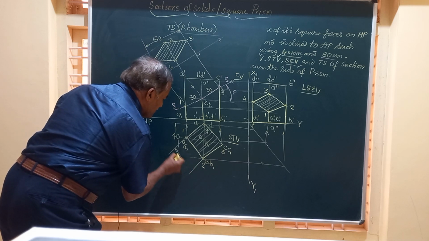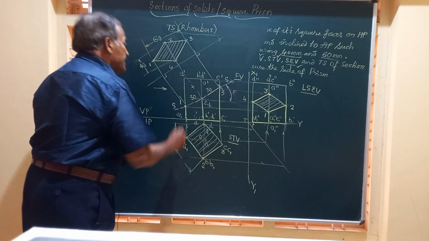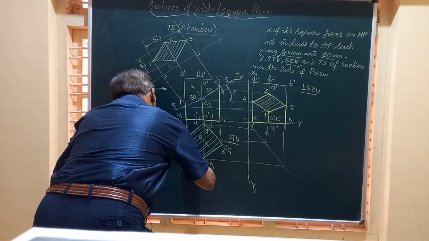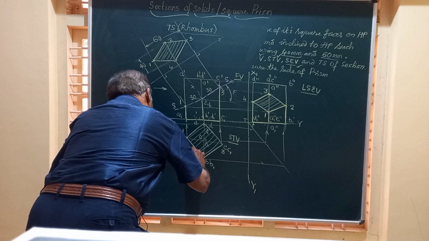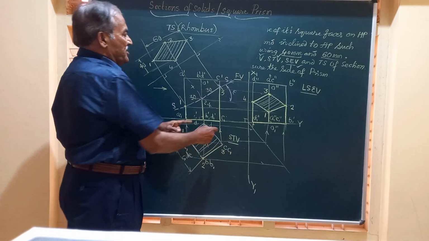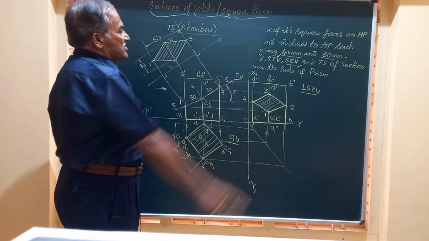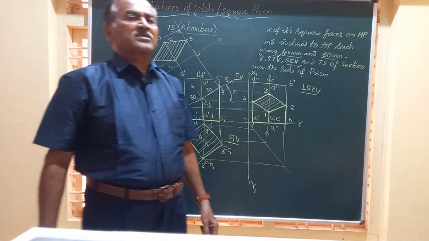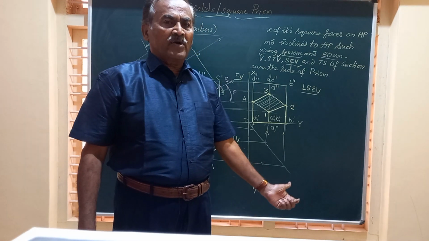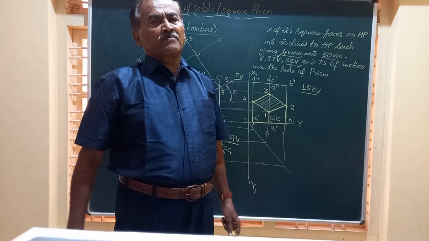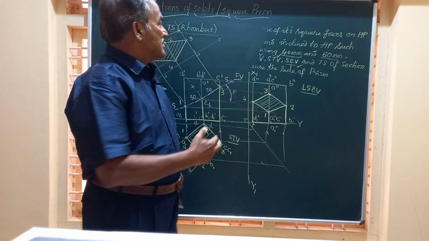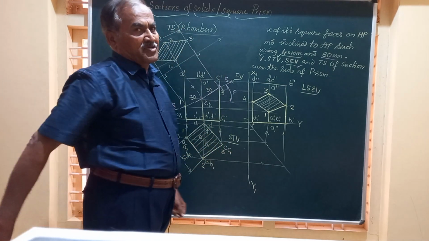So this distance will give you the measurement of the side of the square. So this you will have to measure. And friends, this will give you the complete solution for the square prism cut by a section plane, resulting in the true shape a rhombus.